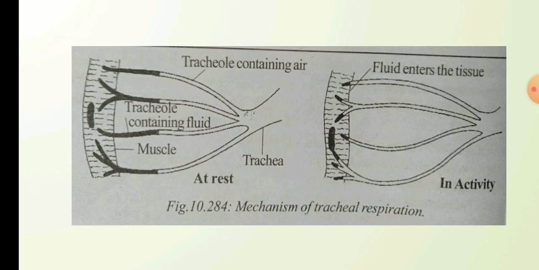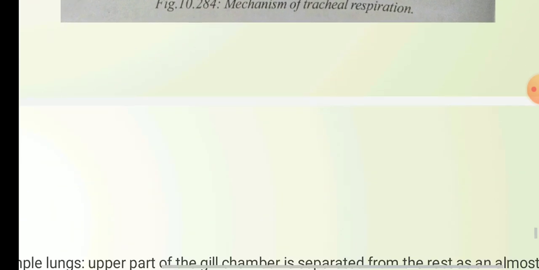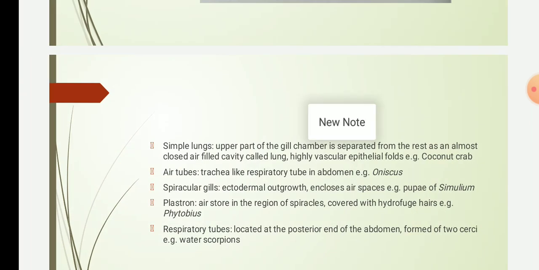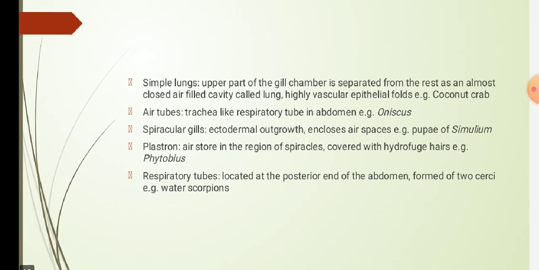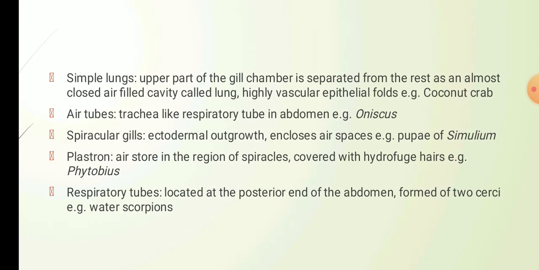The next type of respiratory system found in arthropods is simple lungs. The simple lungs are found in the terrestrial coconut crab, that is Birgus.